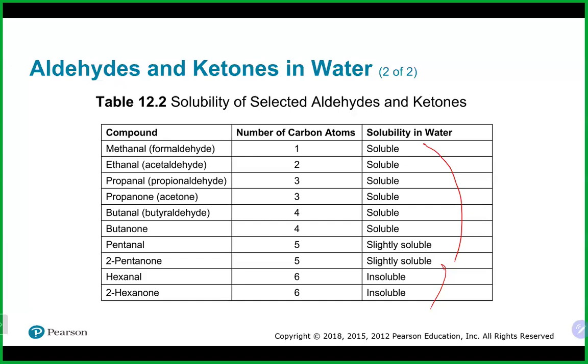But these guys are going to do pretty well because they could still do some dipole-dipole interaction, which is still relatively strong. So they definitely will have higher melting points and boiling points than just like your alkanes and your alkenes and your carbons and hydrogens, all non-polar guys. So these guys will still have a good boiling point, melting point, but our alcohols will still beat them because of their ability to hydrogen bond.